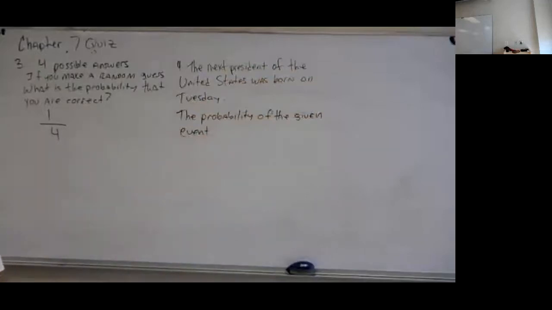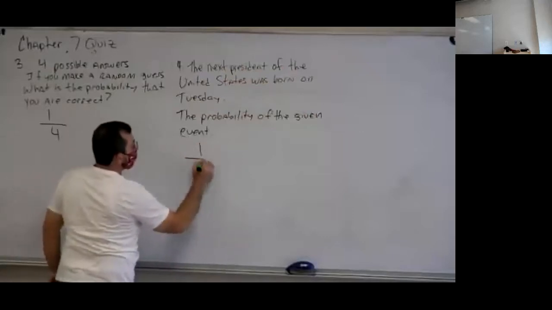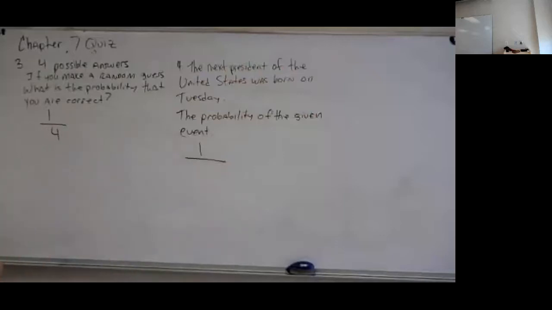So what you got to look at, they're looking at days you were born on, right? So you got a 1 out of how many? How many presidents? Well, no. You don't care what number president it is, you're looking at what day he's born on. So how many days is in a week, basically? 7.